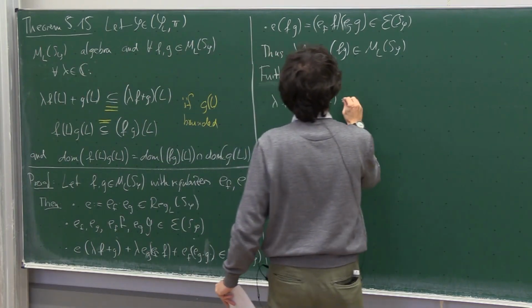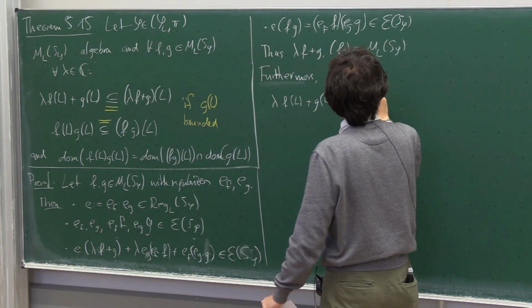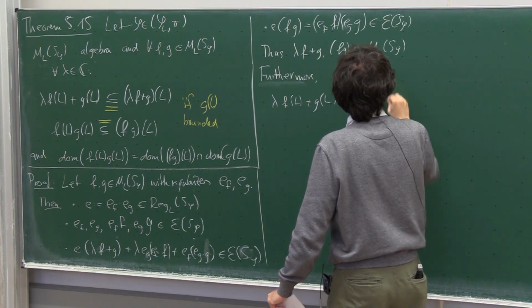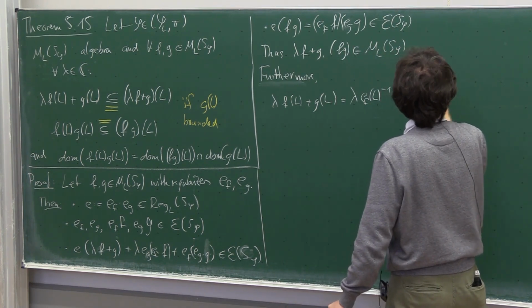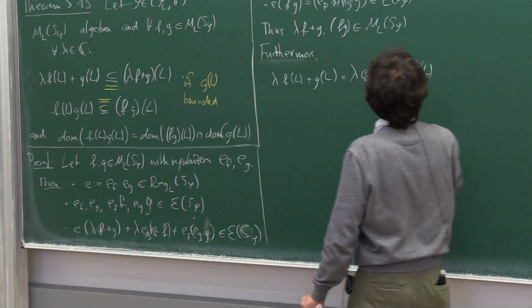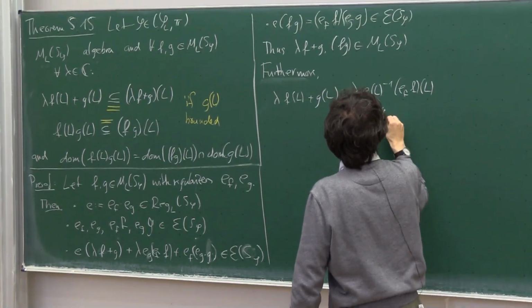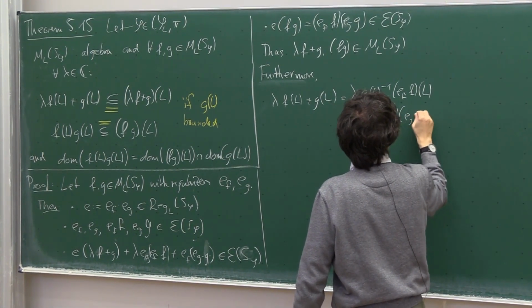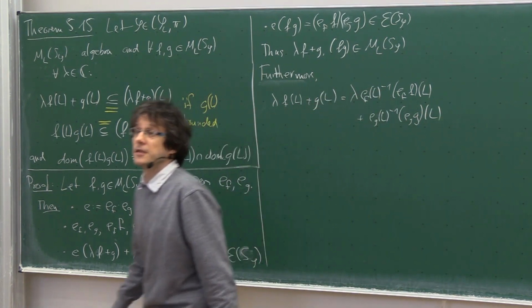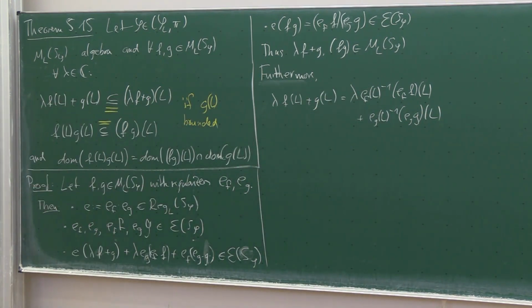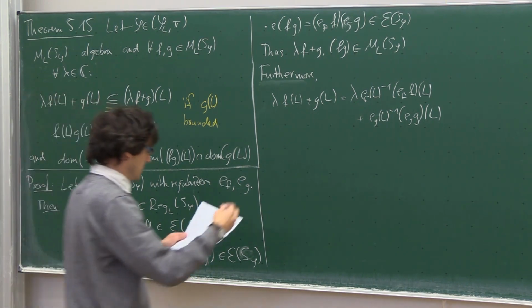F is regularizable with E_F, so this is lambda E_F of L to the minus 1 E_F F of L plus E_G of L to the minus 1 E_G G of L. This is the definition of our extended functional calculus.